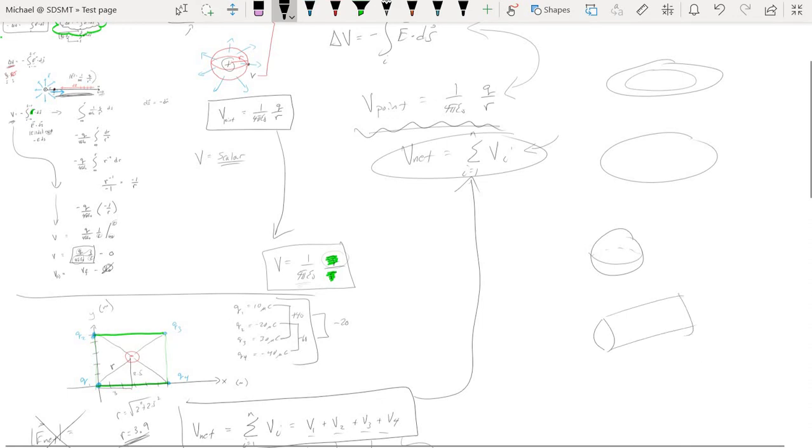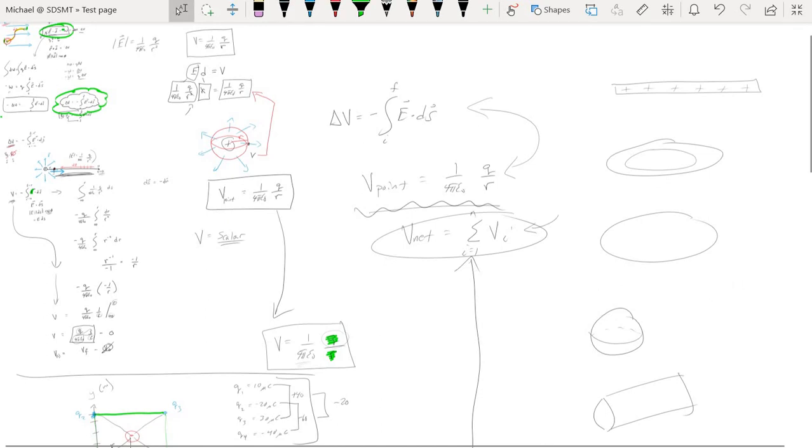We might also need to consider cylinders of charge and what kind of electric potential they're going to produce. And we have to consider what those cylinders are made of. Are they conducting? Are they insulating? Are they solid? Are they hollow?